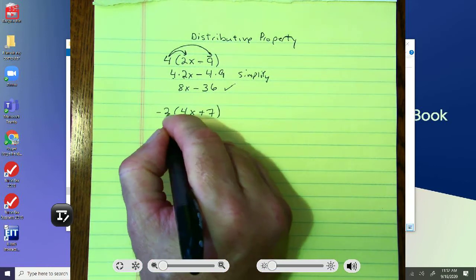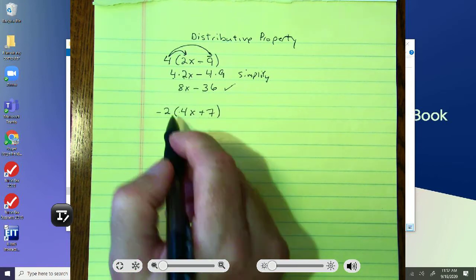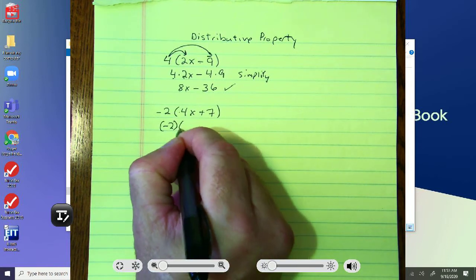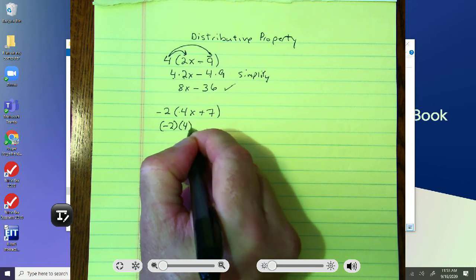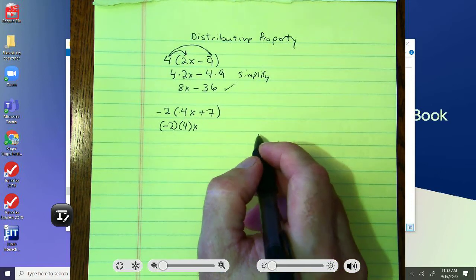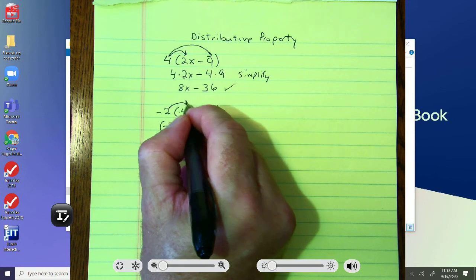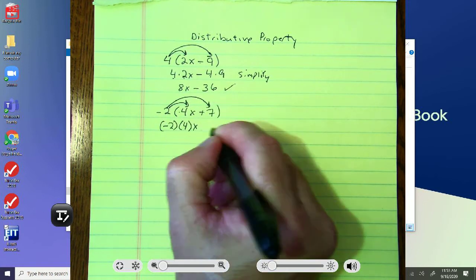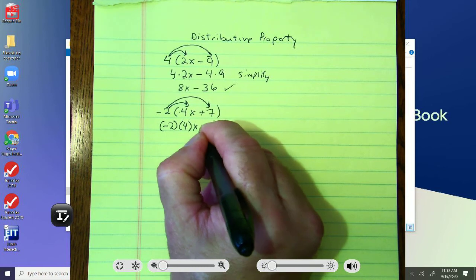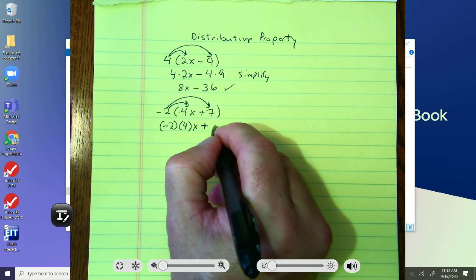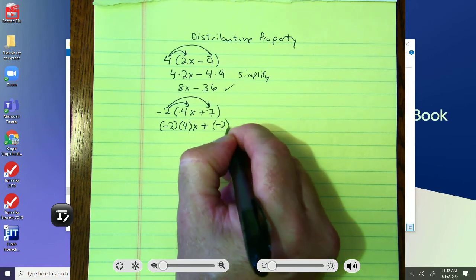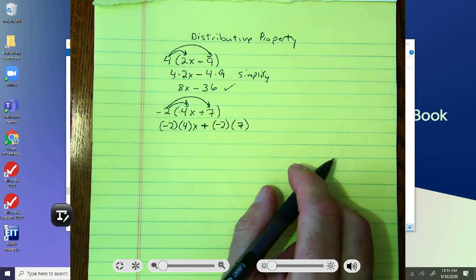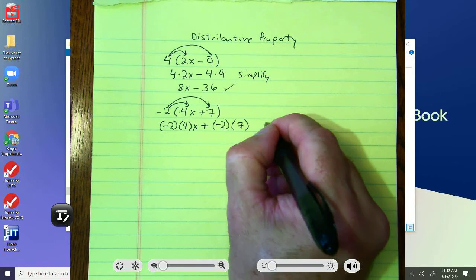So here we're going to say negative 2 times 4x. Then we distribute to the 7, keep our plus, our operation, negative 2 times 7. And now once again we're going to simplify.